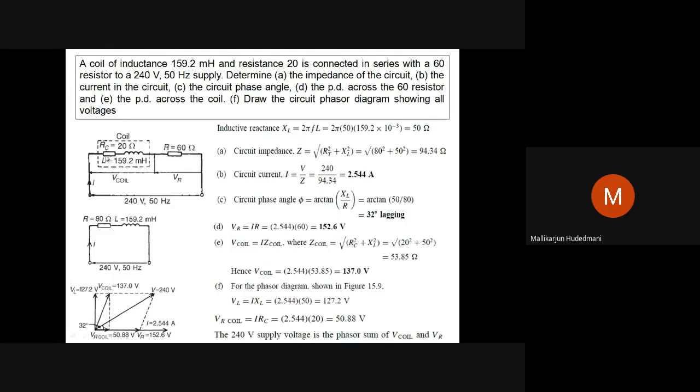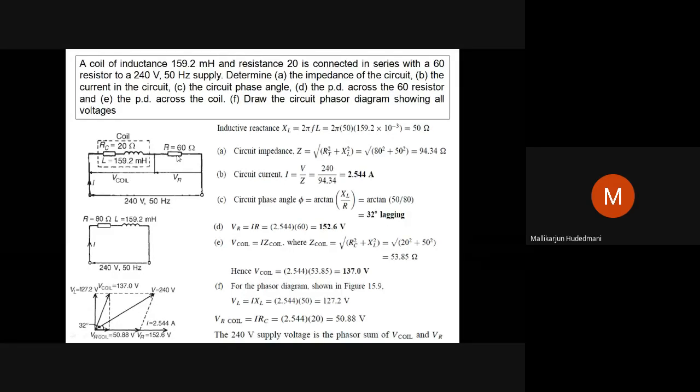There is a coil, 20 ohm, inductance 159.2 millihenry, a series R 60, 240 volt 50 hertz, V coil, VR. This is the terminal description we need to do. Once we are able to do terminal descriptions as per the problem, let us take one by one. You need to calculate total impedance. Total impedance is resistance here, resistance here.